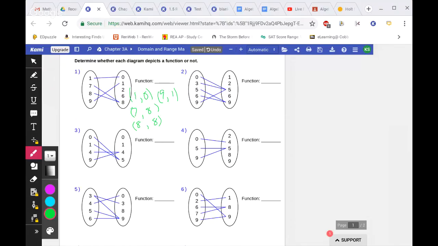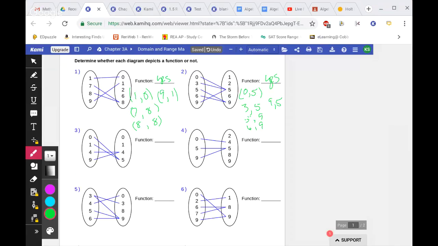So there are no repeats on that one, so it is yes. On this one, 0, 5, 3, 5, 5, 9, 6, 9, and 9, 5.